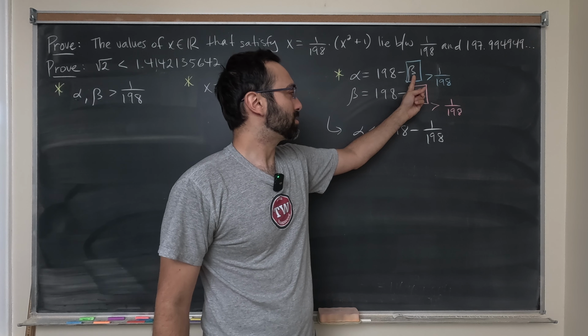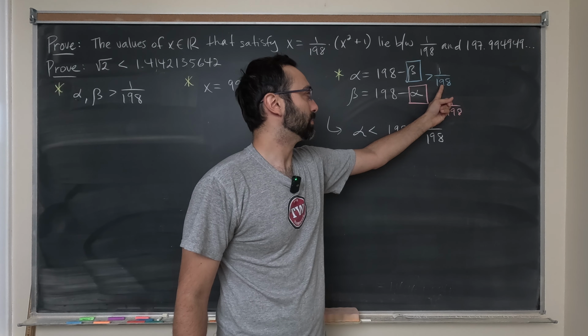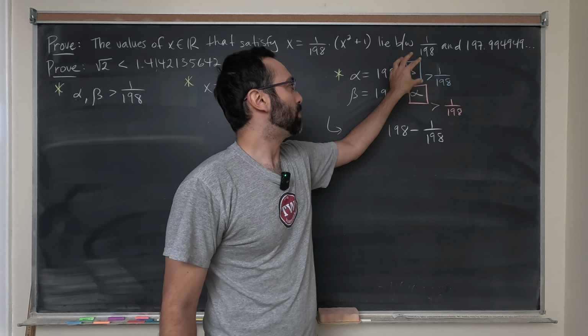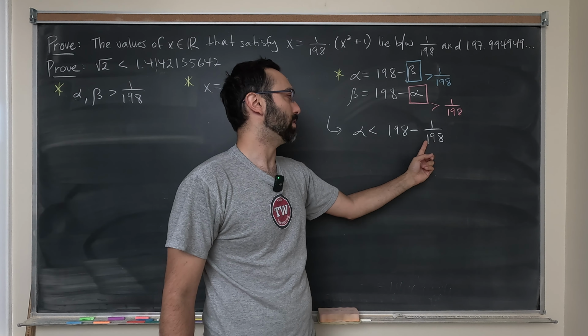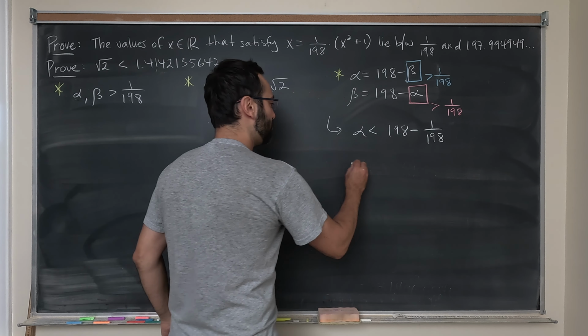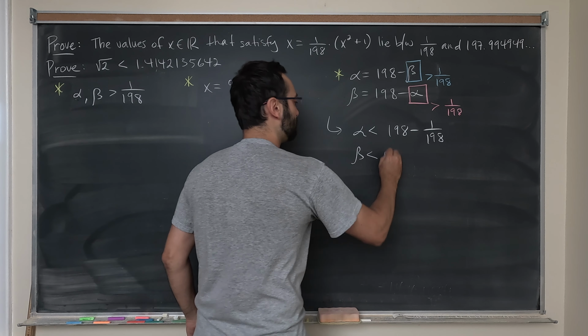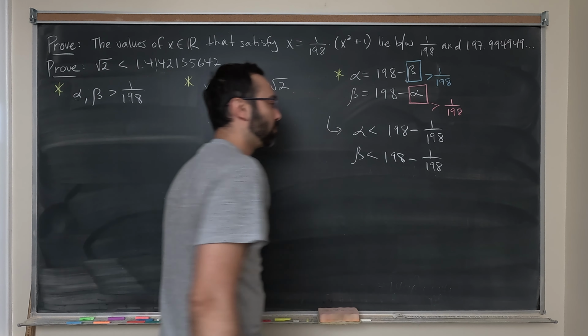So if you subtract some number off of 198 that's bigger than this, you end up with a smaller answer compared to subtracting off 1 over 198 from 198. By the same reasoning, beta is also less than 198 minus 1 over 198.